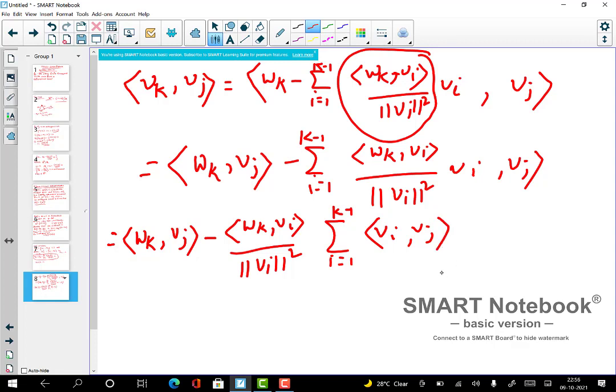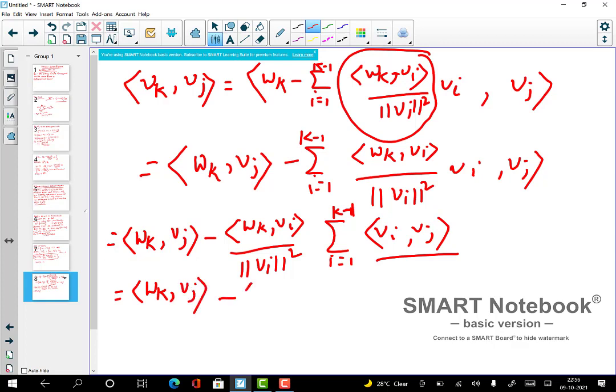Now because we already assumed that till k minus 1 these Vi, Vj's are orthogonal, this sum will survive only when i equal to j, right? By the induction hypothesis. So when i equal to j, this is non-zero, otherwise it is 0, right? So when i equal to j, what will we have? So we will have Wk minus the inner product of Vj.